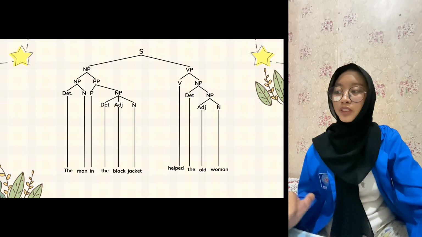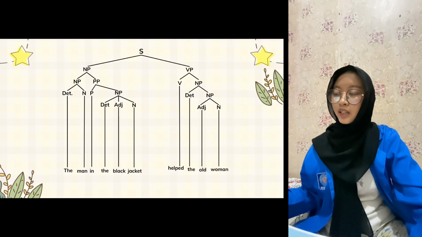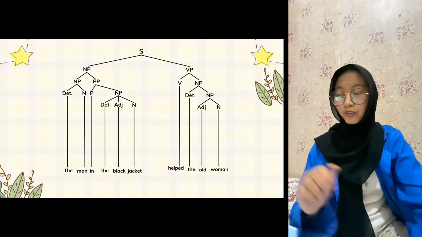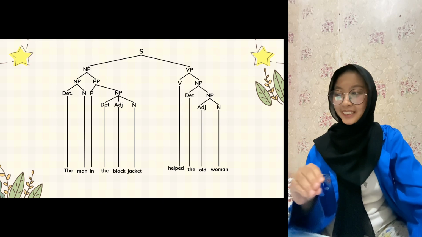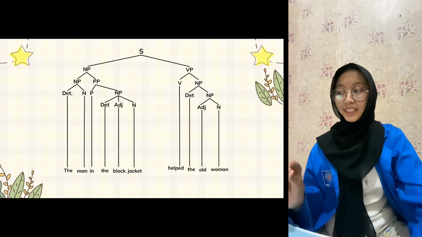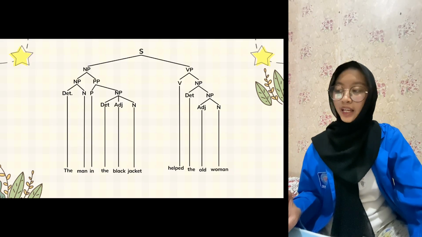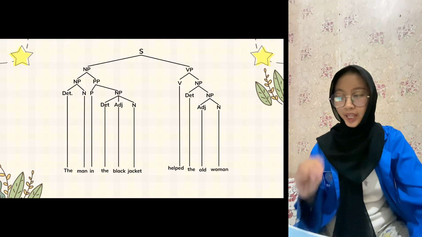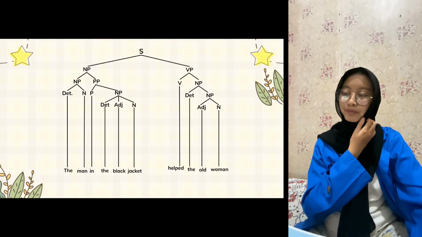And inside the prepositional phrase, we have the preposition, which is the word in, and also a noun phrase, the black jacket. Inside the noun phrase, there is determiner as the word the, adjective as the word black, and also noun as the word jacket.